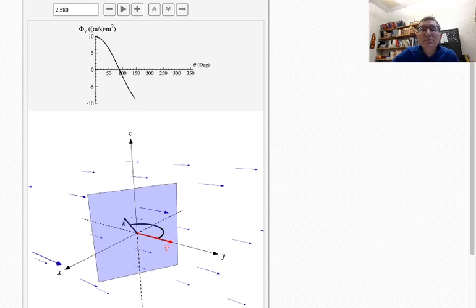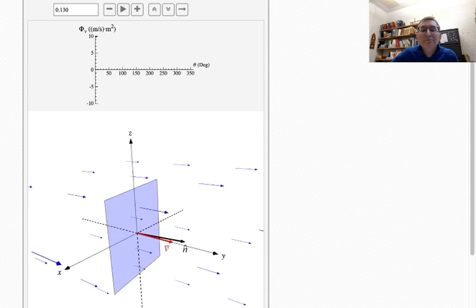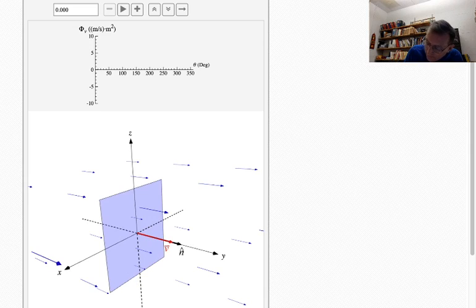I'm going to go towards the theta equals 0 limit because I want you to see what value the flux has there. Do you see what it's approaching as I go to theta equals 0? So what we see is that for theta equals 0, the velocity flux value, did you see, was 10 meters cubed per second, and that's a maximum.